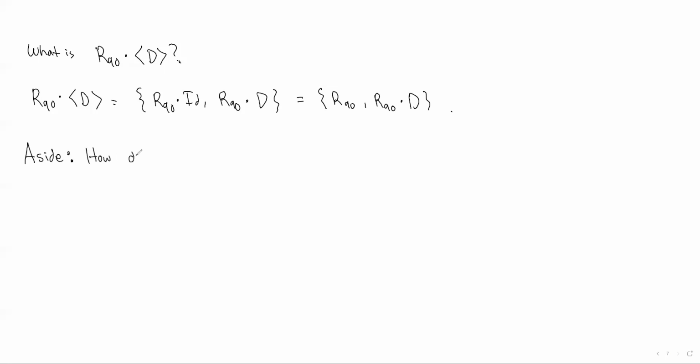How do you quickly do computations in the dihedral group? Okay, I'll be more specific than that. How do you quickly find a product in the dihedral group? There's 2 steps.